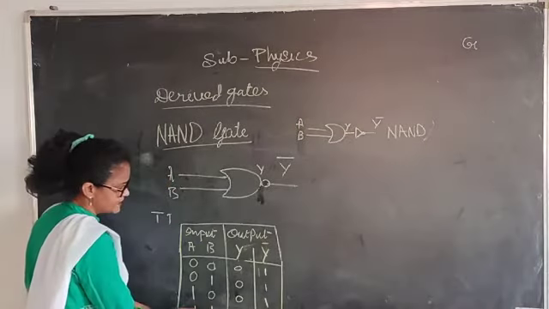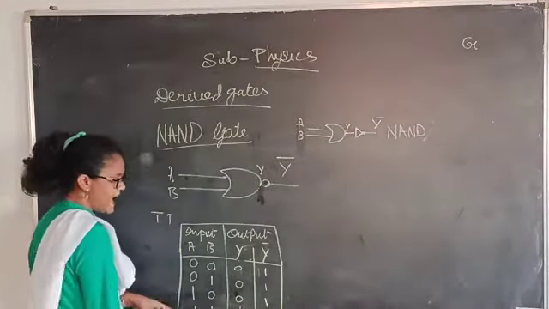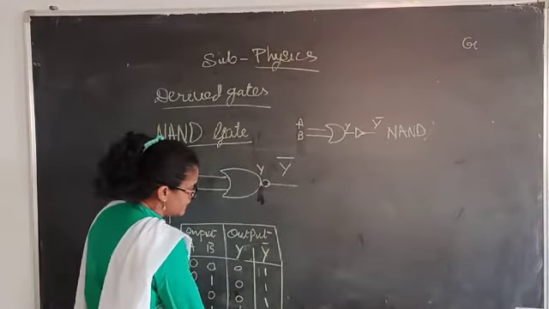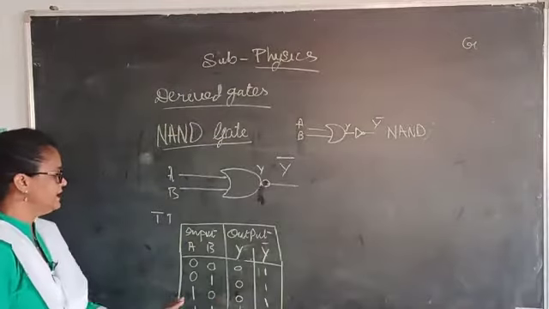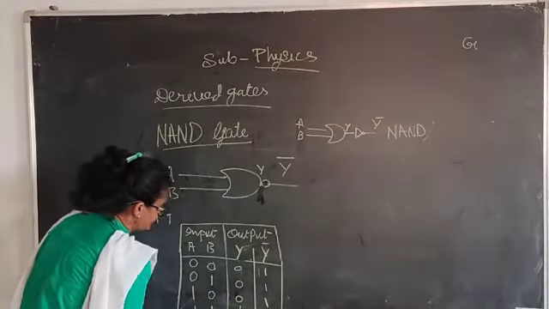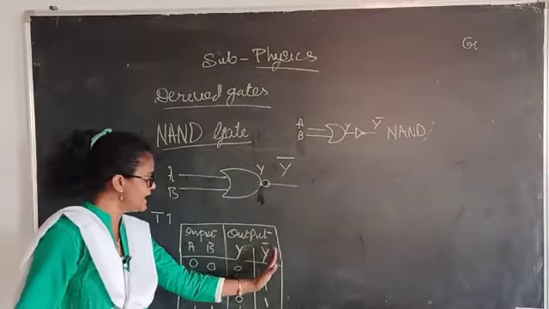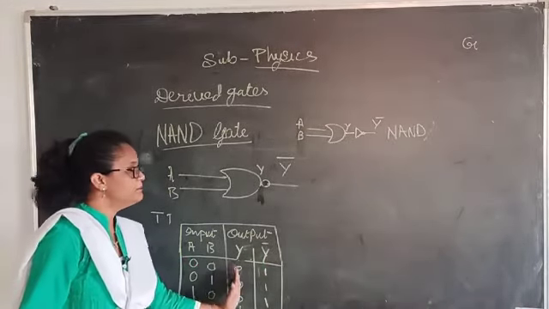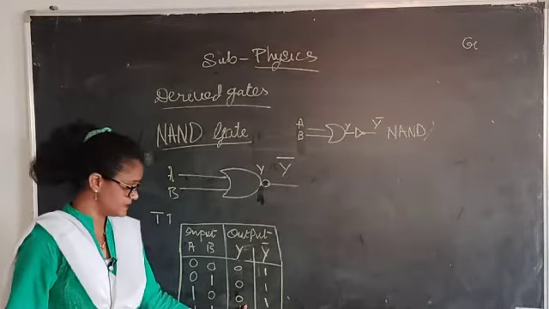Both the inputs are high and then the output of AND will be high and its negation will be 0. So from this you can clearly find that the output of NAND is completely opposite to that of the AND, isn't it?